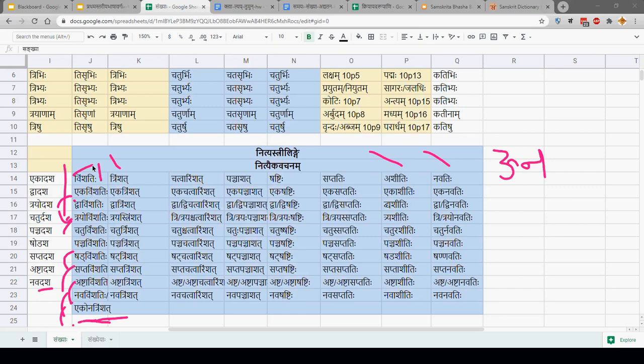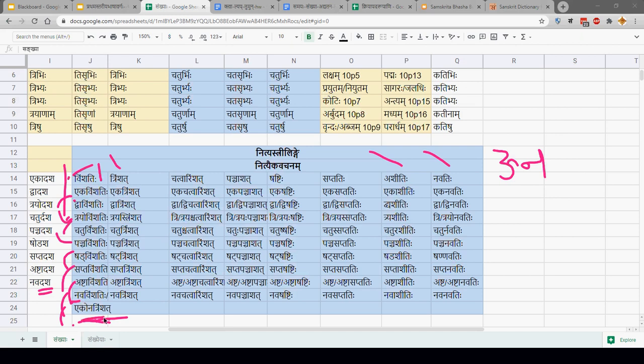There are other ways of saying numbers in Sanskritam, but this is a simpler standard way of saying the numbers. Panchavimshati, for example, is 25 here.